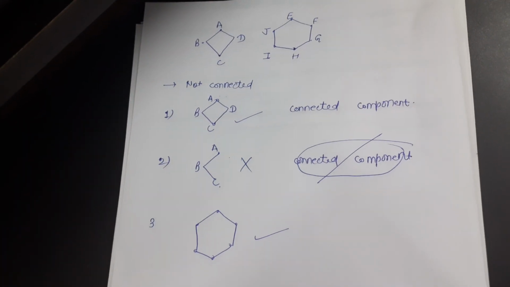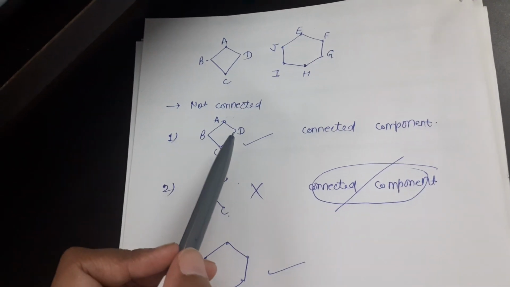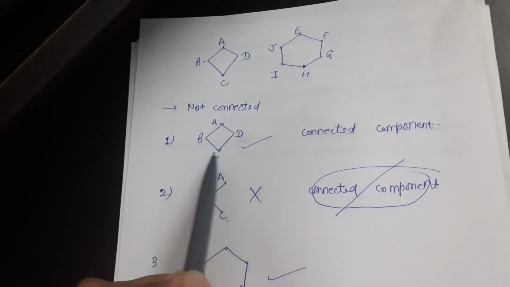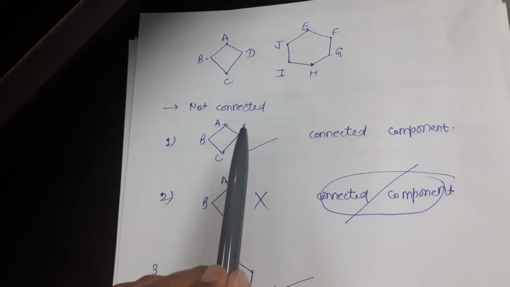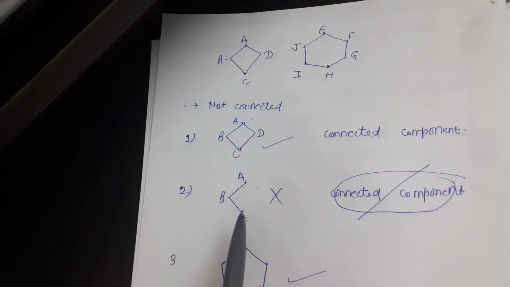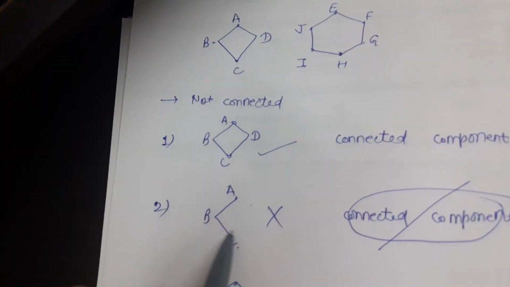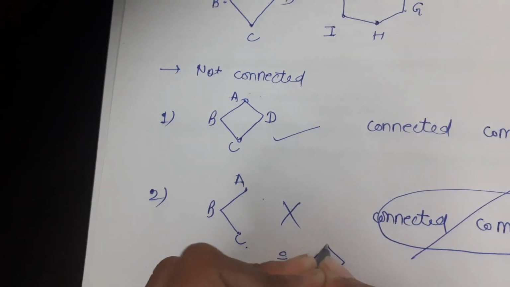In short, a connected component is a connected subgraph of the given graph and it has to be maximal in itself. This is a connected component because it is maximal in itself. There is no subgraph which contains it. It is not a connected component because it is just connected, but this subgraph is contained in this subgraph, right?